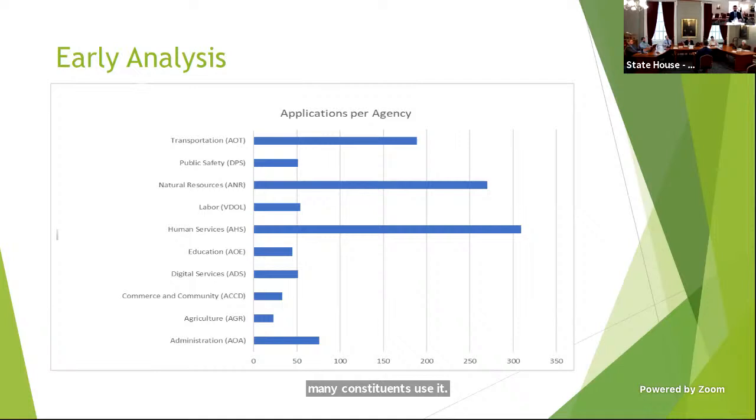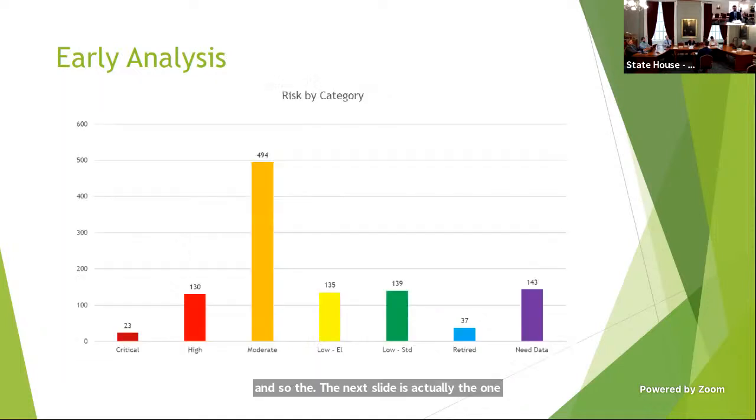And so the next slide is the one that I discussed that shows the distribution of our risk across different categories. As I said, I went a little broader than just red, yellow, green. I do lump both the yellow and the green as low risk, one being a lower elevated risk, whereas one is a low standard risk. Mostly, as I looked at it, I was quite heartened that our distribution is not where I expected it to be.